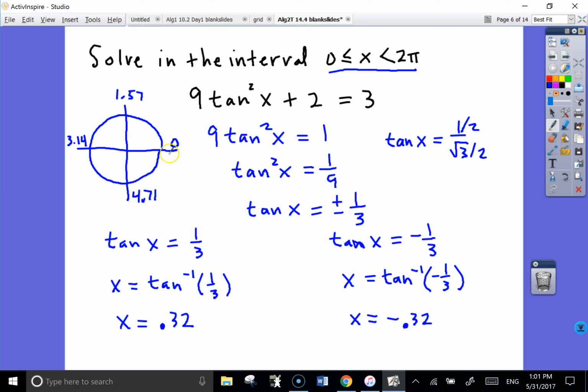And then it goes to 2 pi, which is 6.28. Right, so this 0.32 would be somewhere between 0 and 1.57, about 1/5 of the way. There's 0.32. Now, we did this stuff when we were doing that section about inverses. How do I find another angle for the tangent that would also have a value of 0.32?